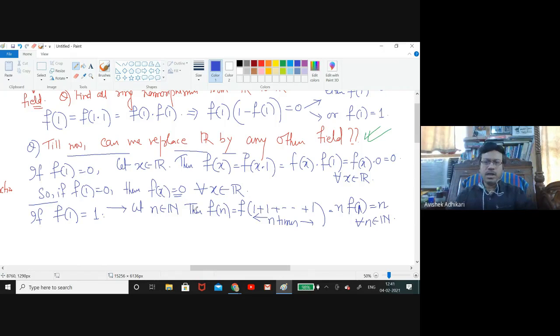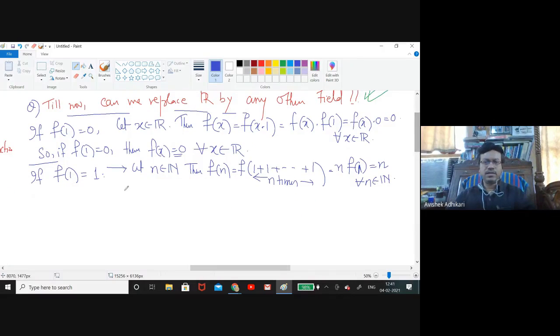Okay, now let n be a negative integer. Let n less than 0 belong to Z. So it's a negative integer. Then what about f(n)?